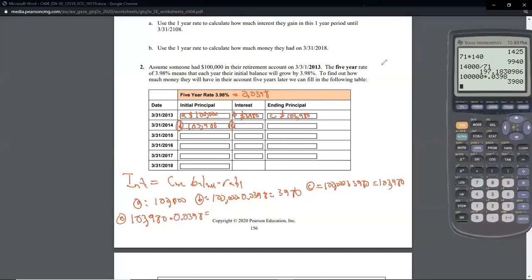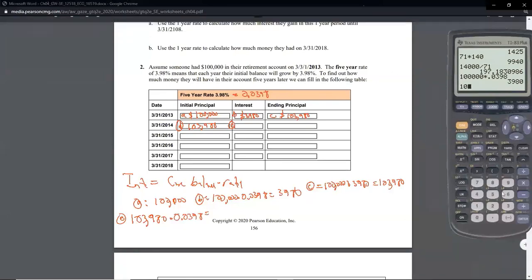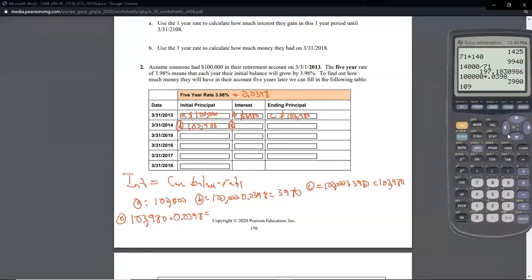So let me go off of annotate. 103,980 times 0.0398. And we get $4,138.40 rounded to the nearest penny.